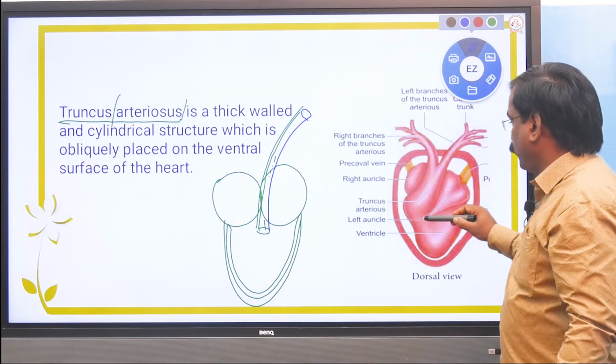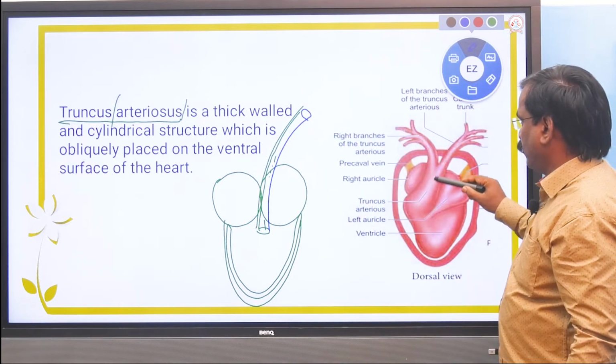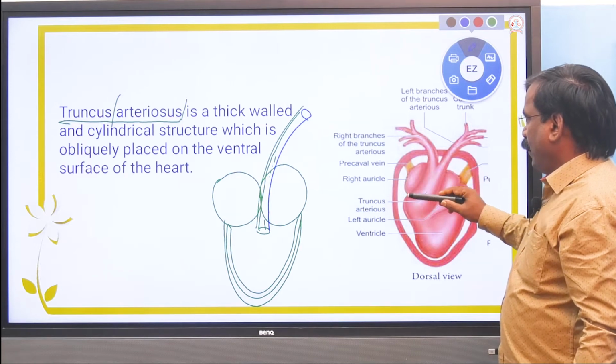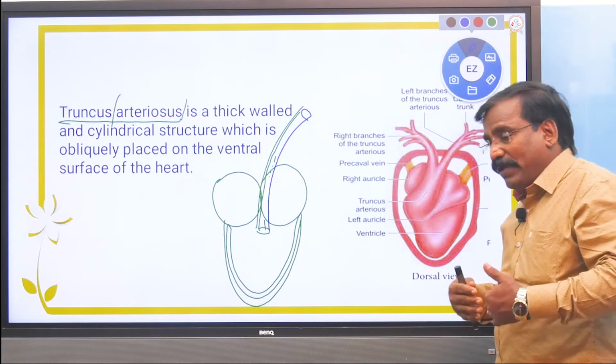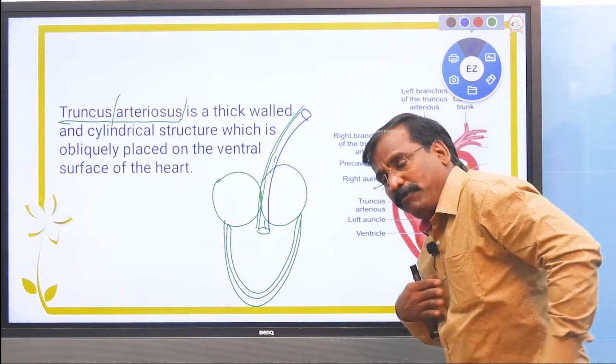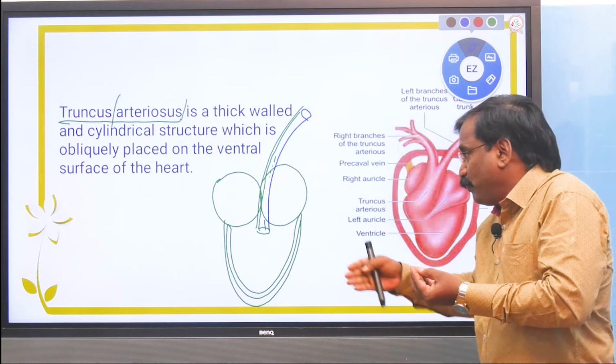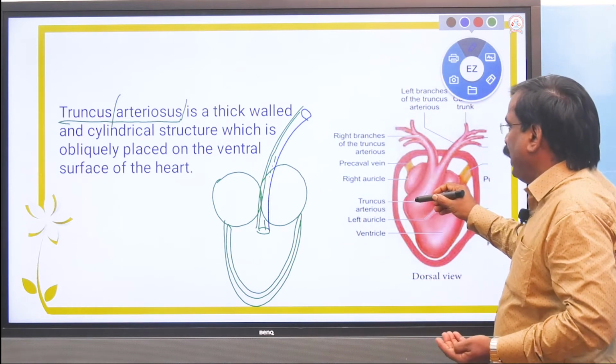This is the Truncus Arteriosus. Where does it arise? It is found on the ventral side of the heart. Ventral means the lower side. It arises from the lower side of the heart and is obliquely placed.